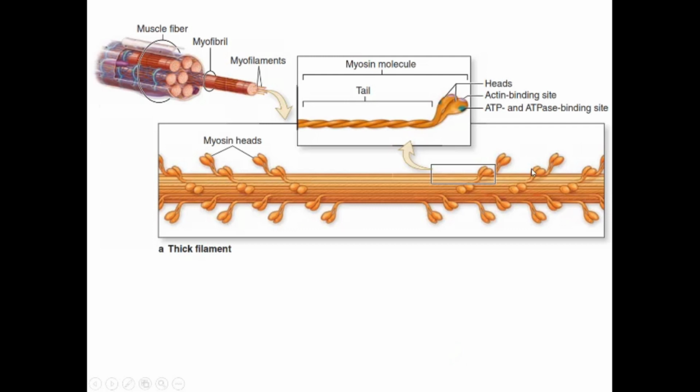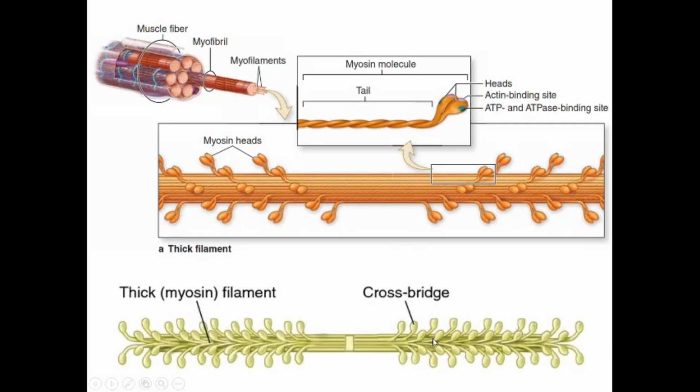We can see in this part the tails are assembled and overlapped, making the rod part of the thick filament, and the heads you can see go out. They are ready for attaching to the actins. Again, here you can see all of the heads toward the ends of the thick filament from this part and this one.